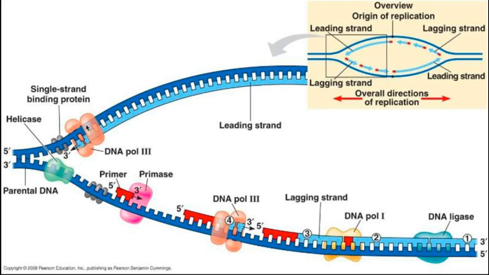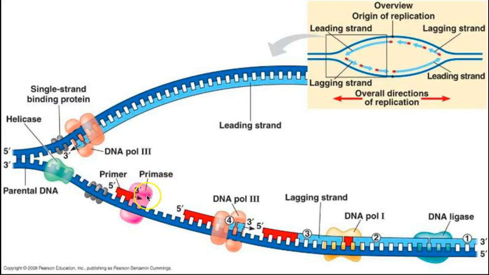On the lagging strand, we have a little bit of a problem, and that's because DNA polymerase III can only add bases in one direction. And since the lagging strand is the same orientation as the direction that the bases need to be added, it has to add bases in little segments, and we call those segments Okazaki fragments. And each fragment starts with a primer.